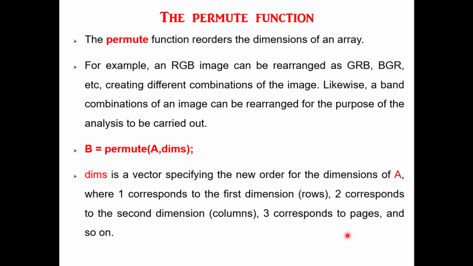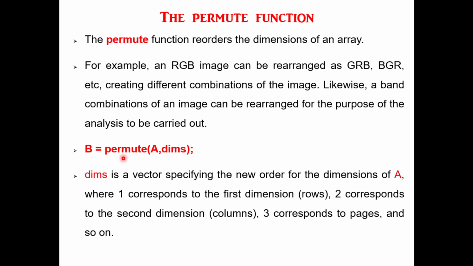The permute function reorders the dimensions of an array. For example, it's possible to have an RGB image rearranged as GRB, BGR, and so on. This will create different combinations of the image. Likewise, a band combination of an image can be rearranged for the purpose of analysis to be carried out.